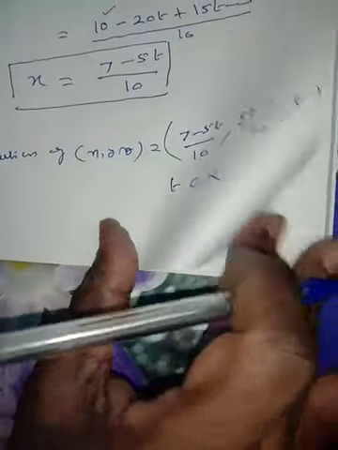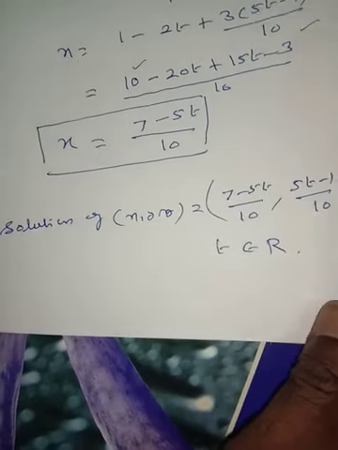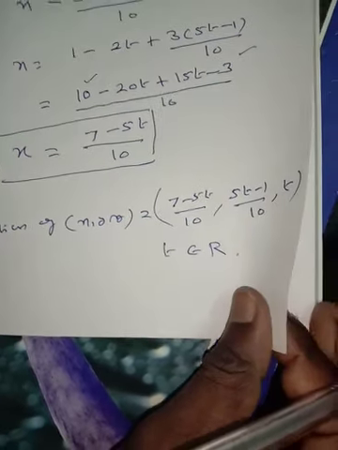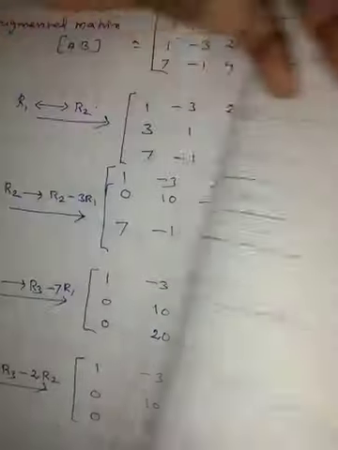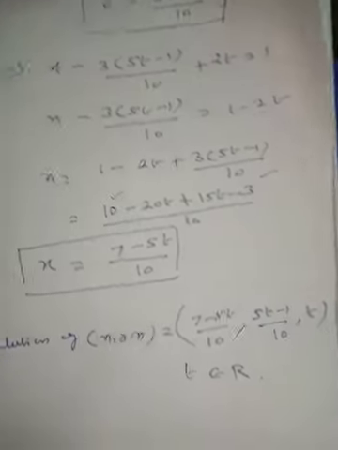Now we have to find 5 or 4 solutions, and so on. x, y, z is equal to (7 minus 5t) divided by 10, comma, (5t minus 1) divided by 10, comma, t.